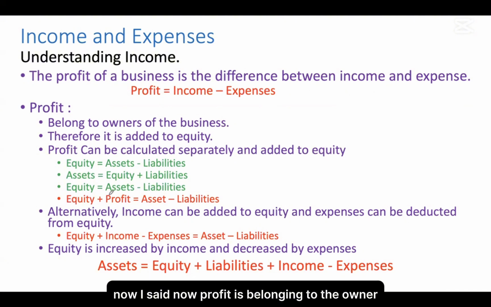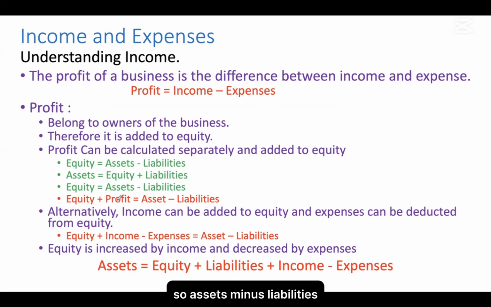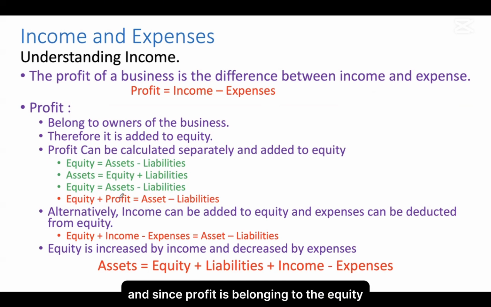Now, profit belongs to the owner, therefore you add the profit to the equity. So you have equity, which is equal to assets minus liabilities, and since profit belongs to the equity, you add the profit to equity.